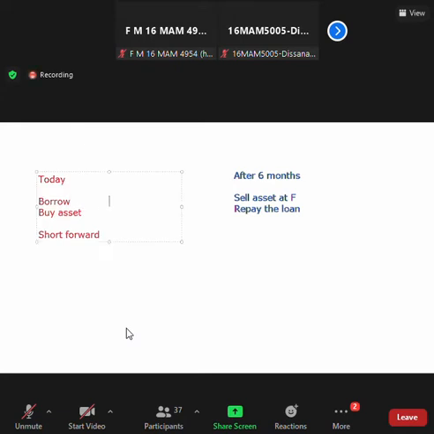We'll say you had to borrow rupees 5,000 and you buy that asset for rupees 5,000. You borrowed rupees 5,000, then you bought the asset for rupees 5,000 and you short a forward contract. So can you suggest a price for the forward contract? What could be the forward price? If the spot market price is 5,000, can you suggest a hypothetical value for the forward contract?